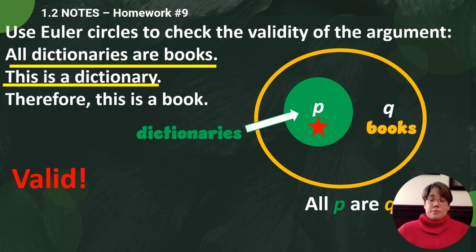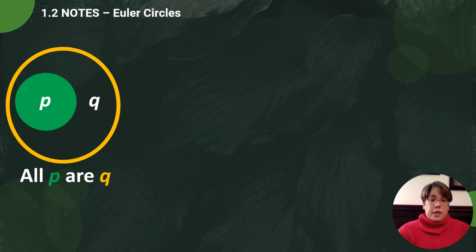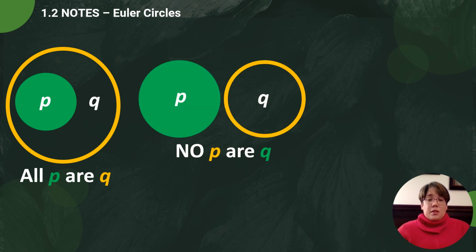I said earlier that there were 3 different situations, so let me show you those 3. The first one is all P are Q. So all of one thing fit inside of another category. Then you have kind of the opposite of that: no P are Q. In other words, these 2 things are totally separate.